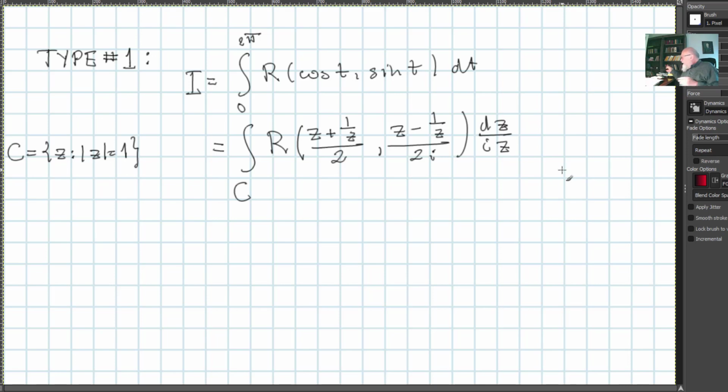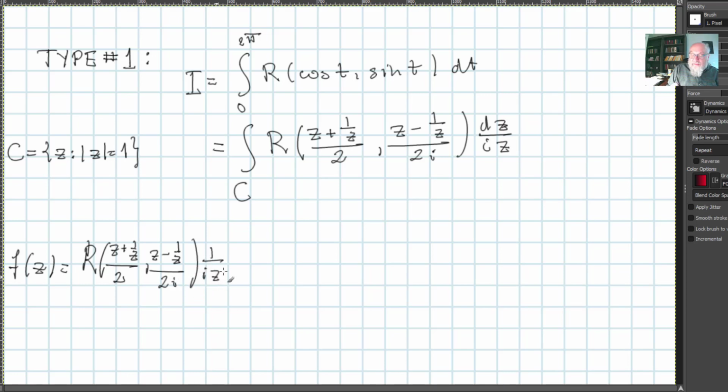Of course, you should understand that if we put here that your function f of z is exactly the function R of (z plus 1 over z) divided by 2, and (z minus 1 over z) divided by 2i, times 1 divided by iz, then this integral can be computed using the residue theorem.